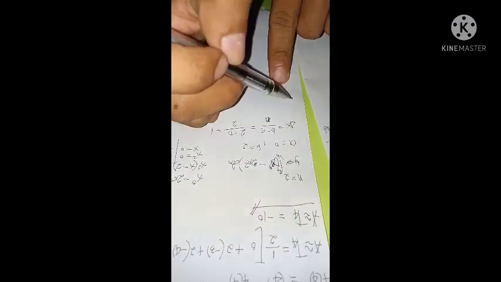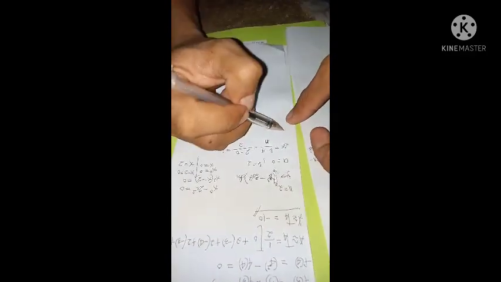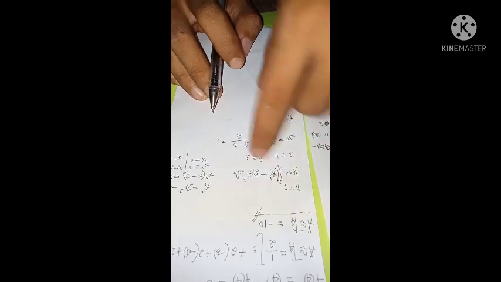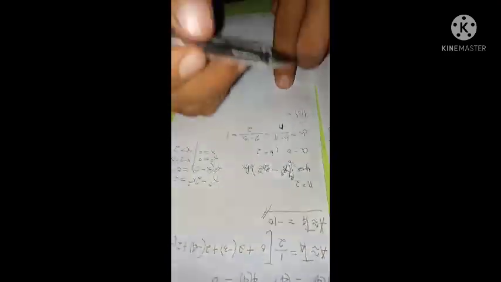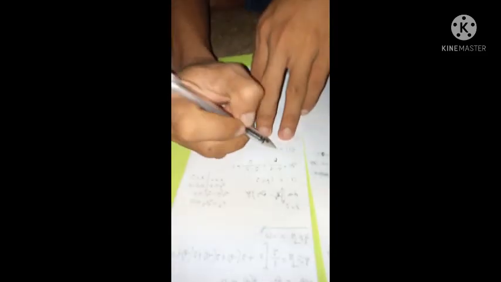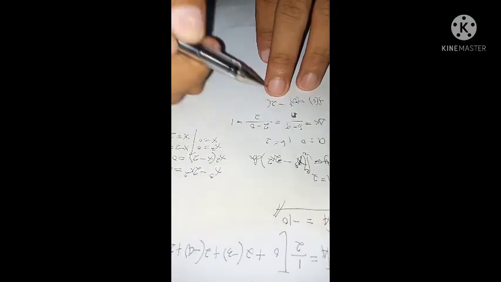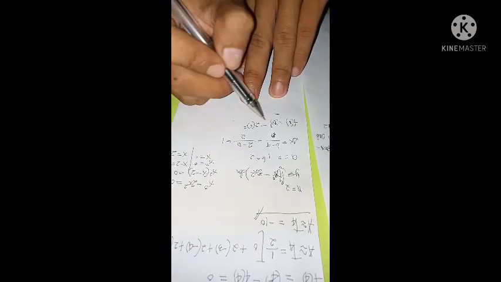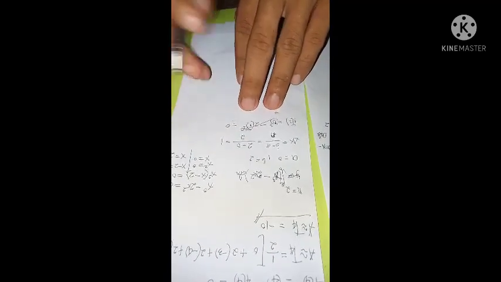Next, the limit here is from 0 to 2. First is f of 0. So f of 0 is equal to, substituting the 0 into the given equation, x cubed, so 0 cubed minus 2 times 0 squared, which is equal to 0.